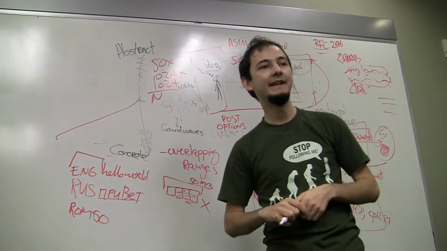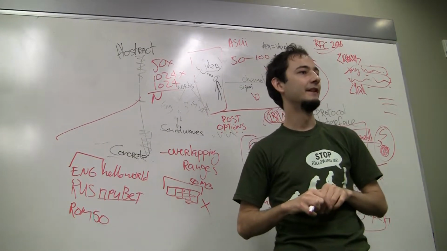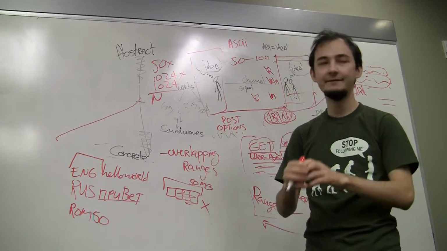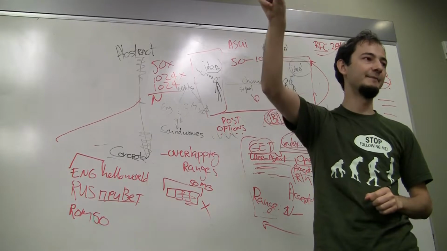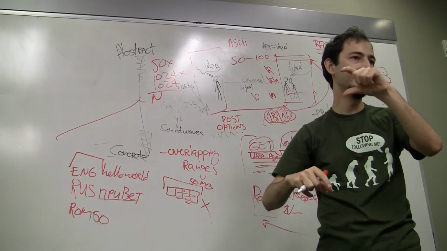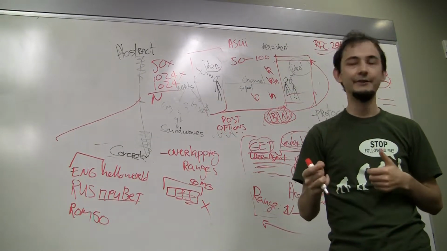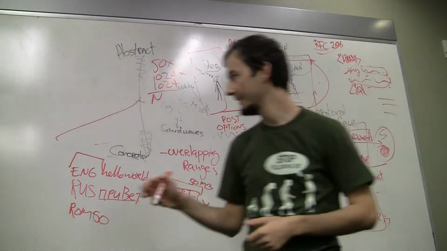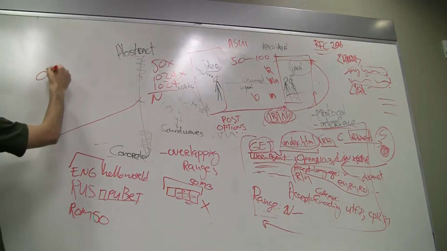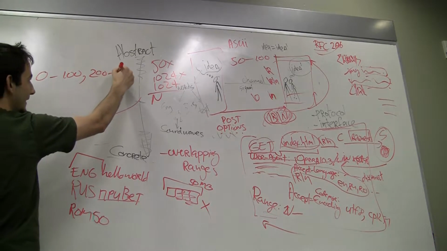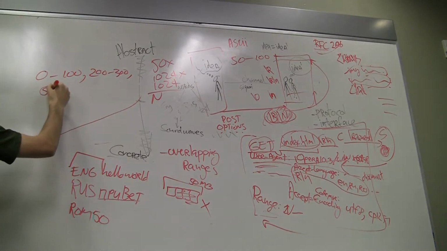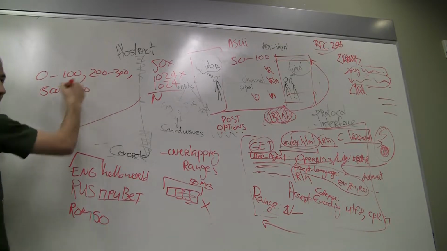This would be handy in the case of, for example, a PDF. If you have a very long document and you have scrolled from the first page to page number 50, then the browser can tell the server something like, give me the interval from 0 to 100, then from 200 to 300, and then from 500 to 600.